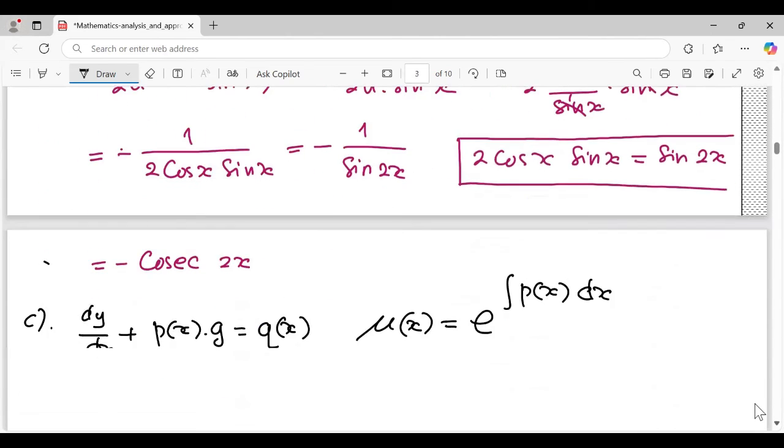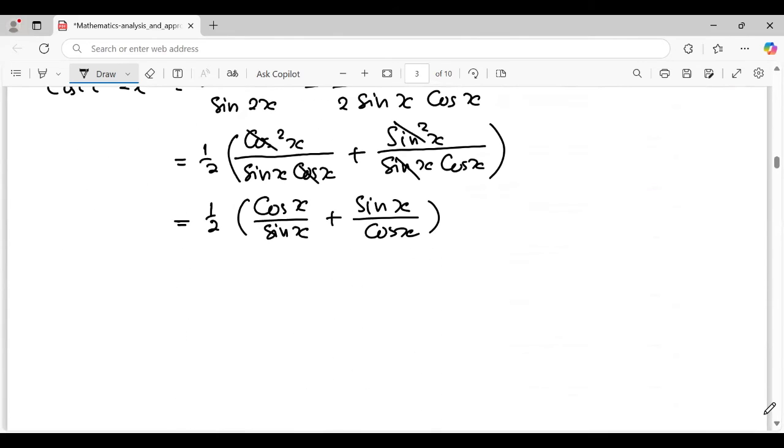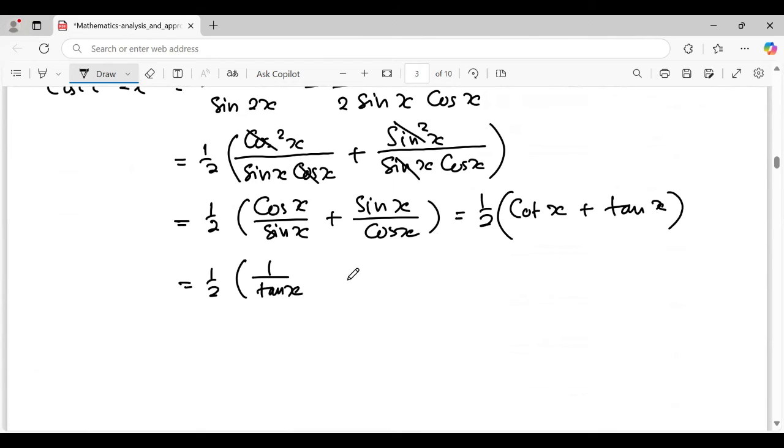Now, this is half times, this is cotangent, and this one is tangent. So it's half times 1 over tangent plus tangent, since cotangent is 1 over tangent. I would like to make it a fraction with tangent as the denominator.